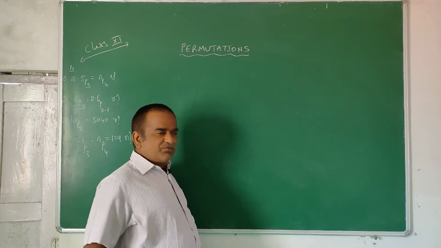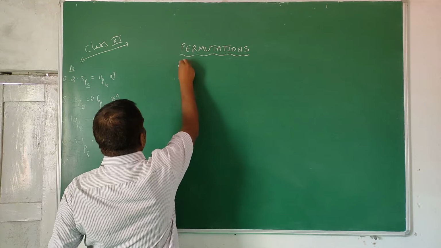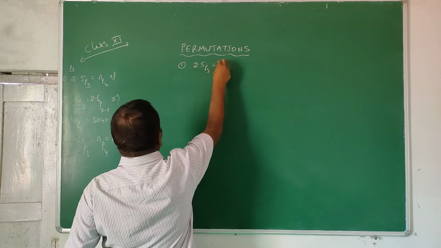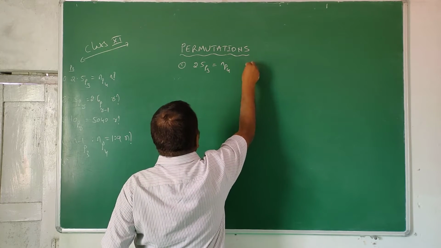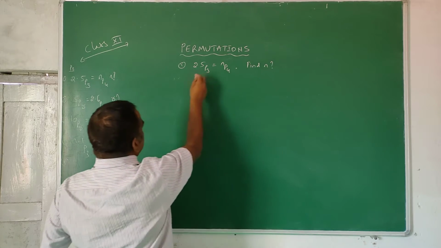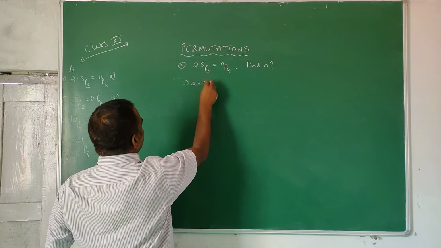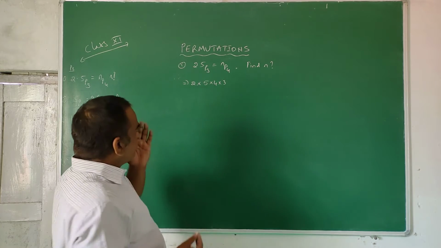Dear students, now we are going to do some problems. First one is 2 into 5p3 is equal to np4. So what is n? This is a question. First and foremost, 2 into 5p3 means 5 into 4 into 3, right?